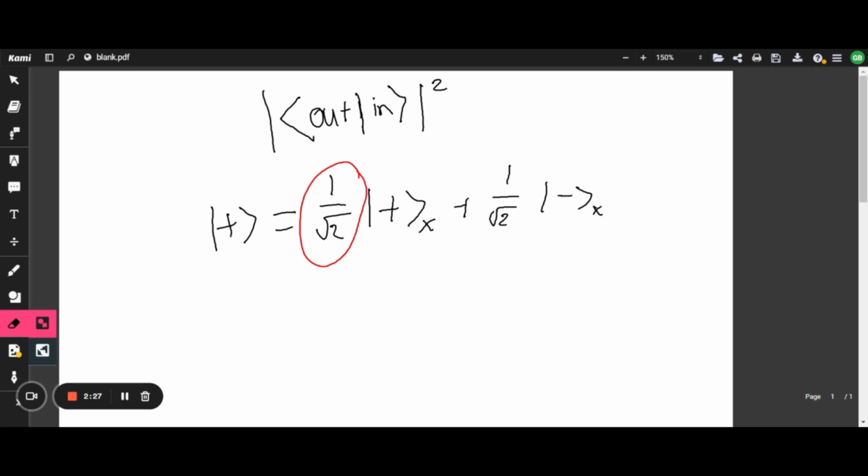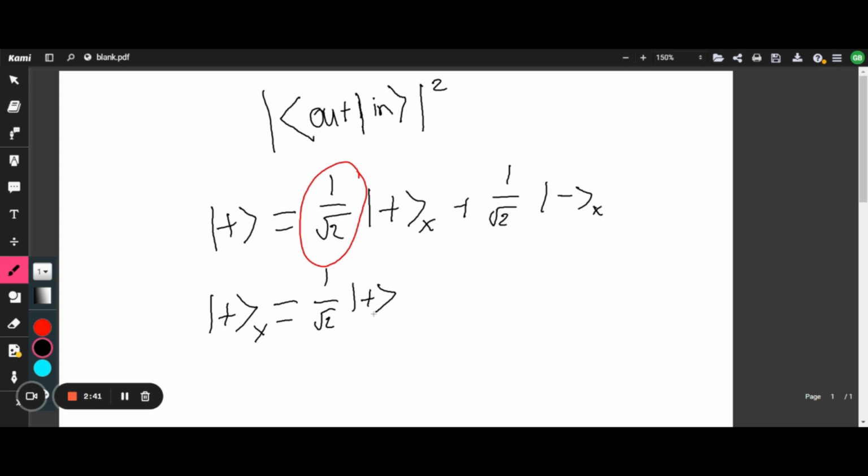So for example, spin up in the x direction can also be rewritten as 1 over the square root of 2 spin up in the z direction. Remember, there's no subscript for the z direction, it's already assumed. Plus 1 over the square root of 2 spin down.